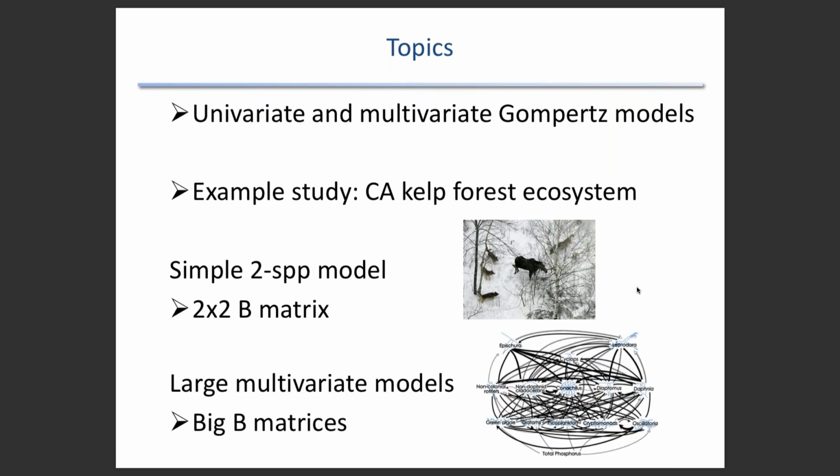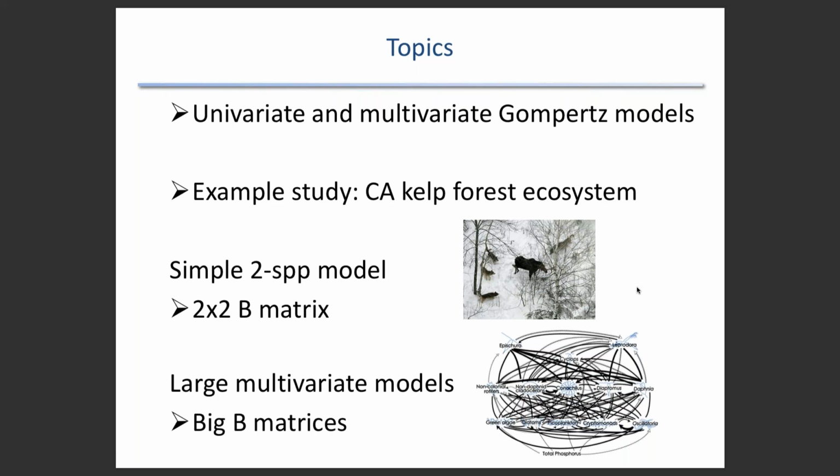Okay, so today I'll introduce you to univariate and multivariate Gompertz models, which is basically a multivariate autoregressive lag 1 model, and introduce you to how those are used to model density dependence and interactions.